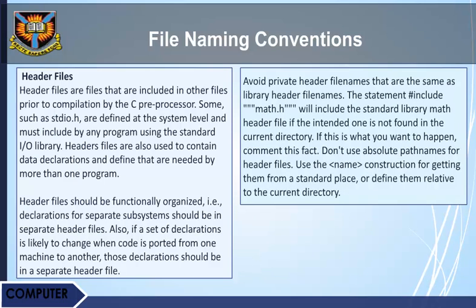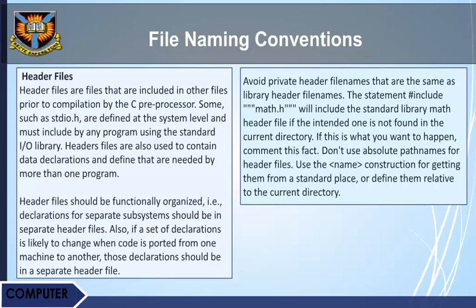Header files. Header files are files that are included in other files prior to compilation by the C preprocessor. Some, such as stdio.h, are defined at the system level and must be included by any program using the standard I/O library.